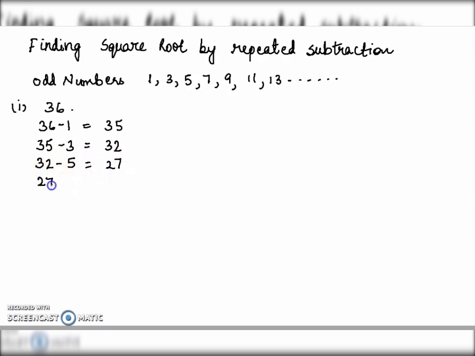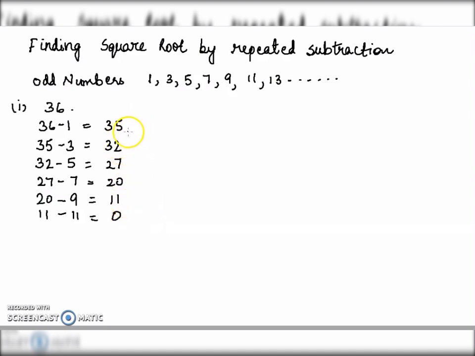Then 27 minus the next odd number is 7. So you will be getting 20. Then will be 20 minus 9, because that is the next odd number. So you will get 11. Then 11 minus the next odd number is 11. So you will get 0. Then you will see after how many steps you have got 0 here.